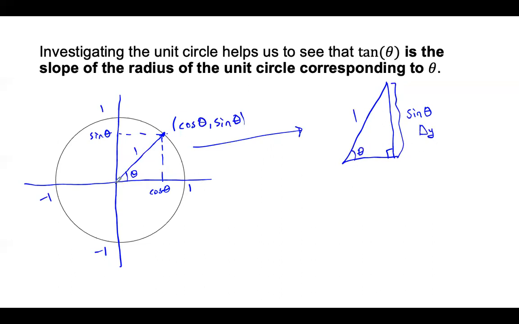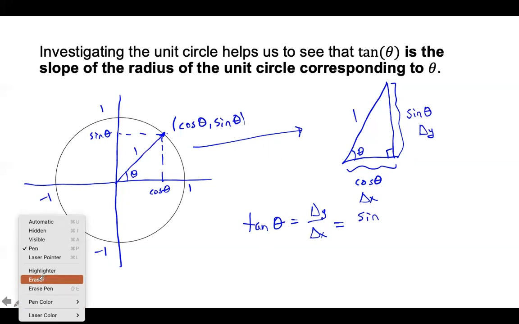This value here from the origin to this projected point down is cosine. So that is the change in x. The tan is basically the change in y over the change in x, which we've seen before, because that's the slope. And by definition, it's the change in y, the sine, over the change in x.